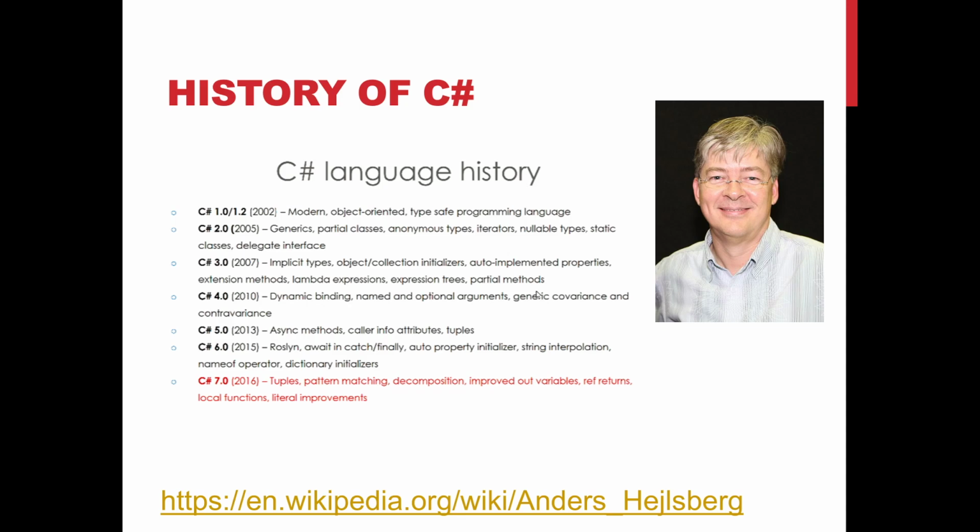This was where we had the .NET framework and C Sharp just started to get introduced, but it wasn't open sourced. Then they gradually started to improve the language, adding more functionality to bring it up to parity with languages like Java.